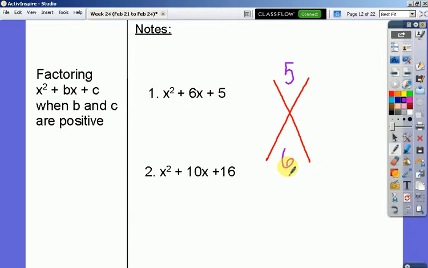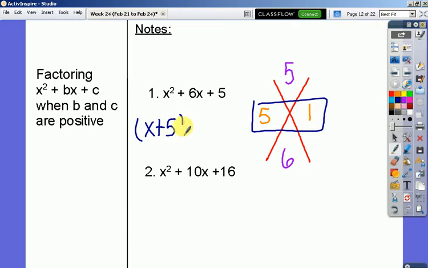So 5 and 1 are those two numbers, that p and that q, yeah? So what does that mean? That means that these two numbers make up those factors. So x plus 5 and x plus 1, and we factored it.